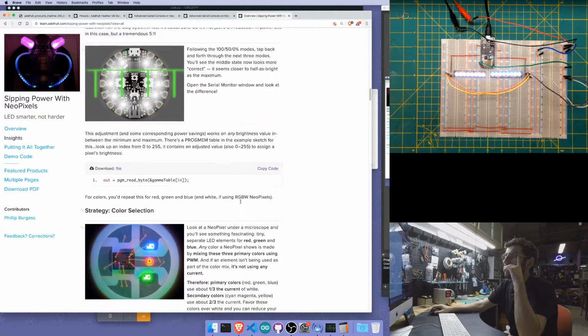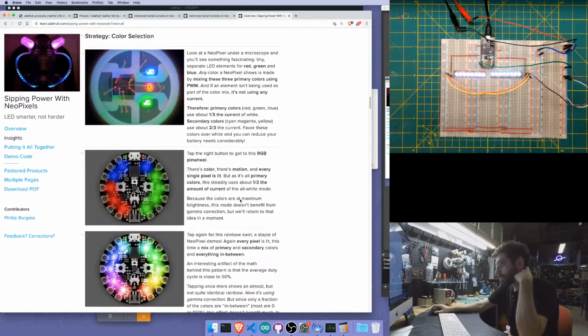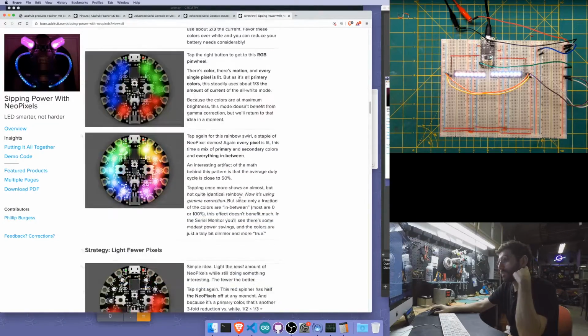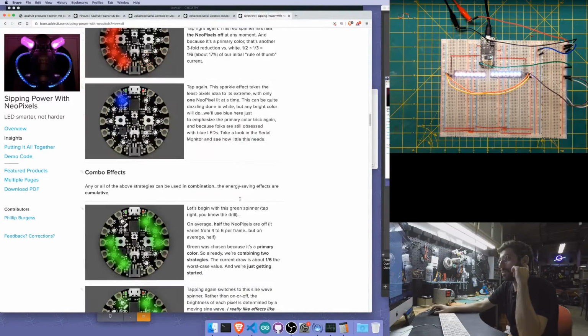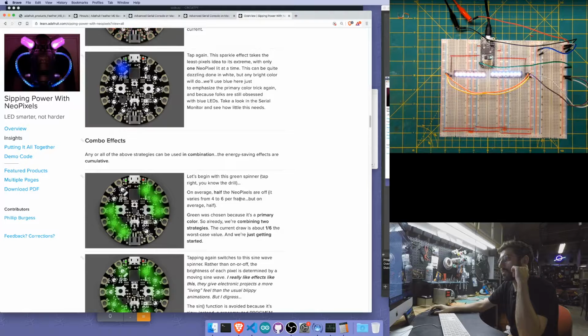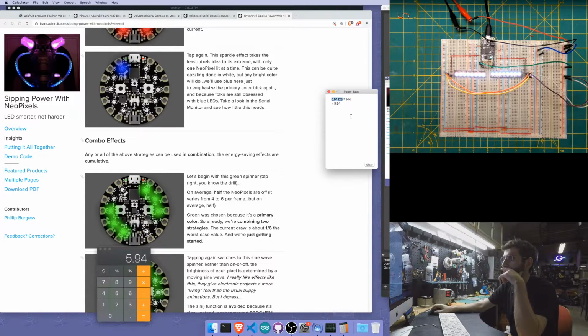So, yeah, this may be something to consider, like power savings and actual brightness, because 6 amps at 144 LEDs, I mean, that's very dense, right?